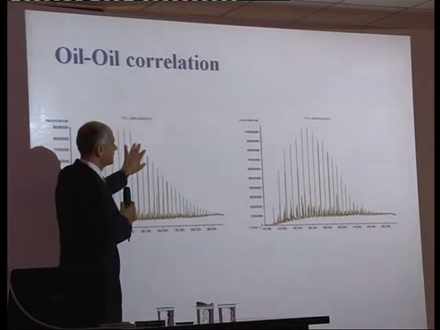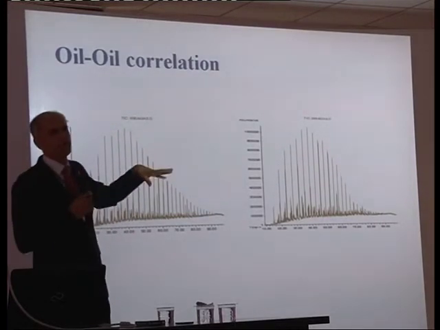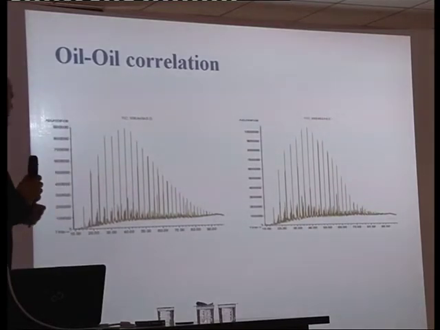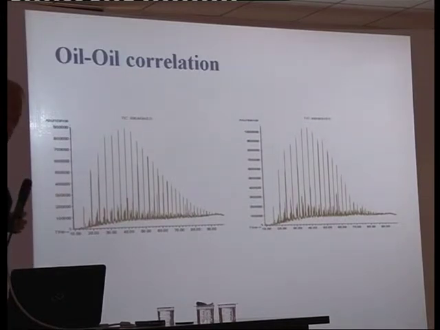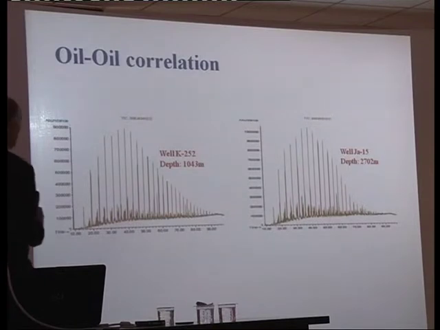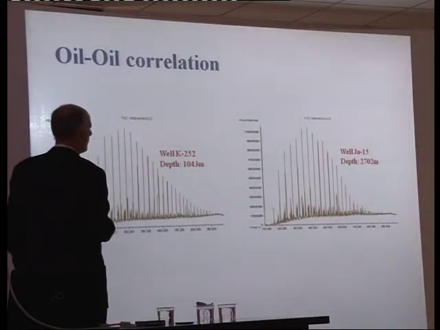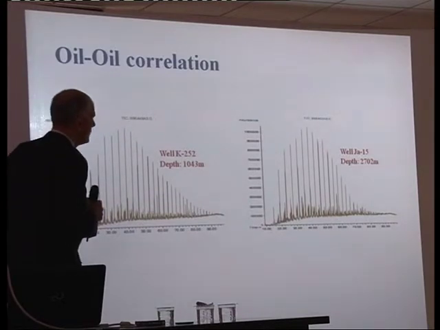You can see whether it is unimodal or bimodal, and it indicates maturity or immaturity. So you will prepare these samples for oils. Well, K252 and Jambur 15. You see that the results are nearly the same.